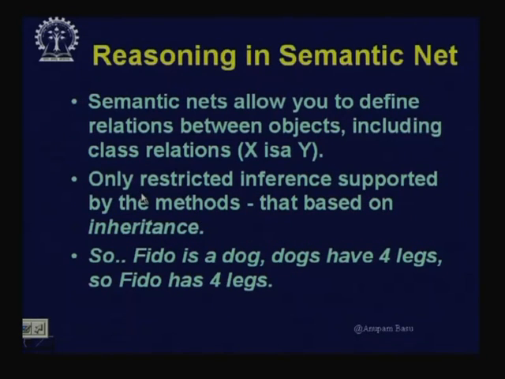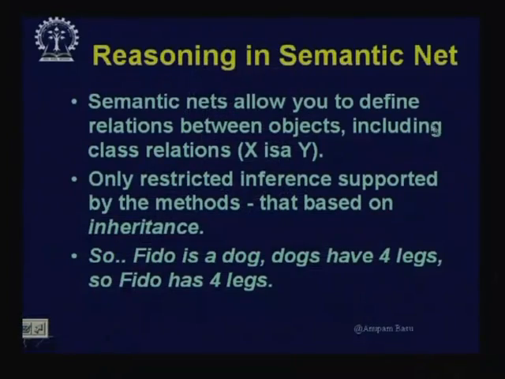Now, as we know, in semantic nets the most powerful and most common relationship that we use is the is-a relationship. So, let us see how this is-a relationship can be used to reason in semantic nets. Semantic nets allow us to define relations between objects, including class relations.